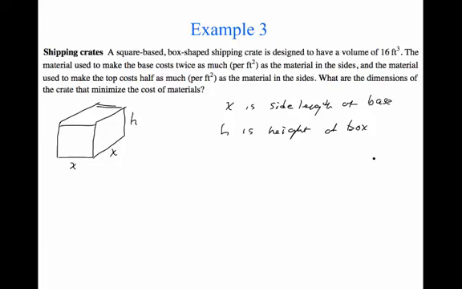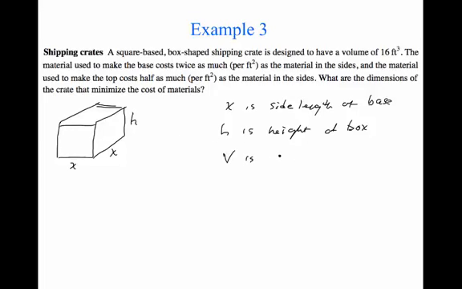So I'm thinking about a rectangular box, thinking about the quantities involved. I've got side length of the base, I've got height of the box. What other quantities are involved? Volume. Okay, what's the volume?